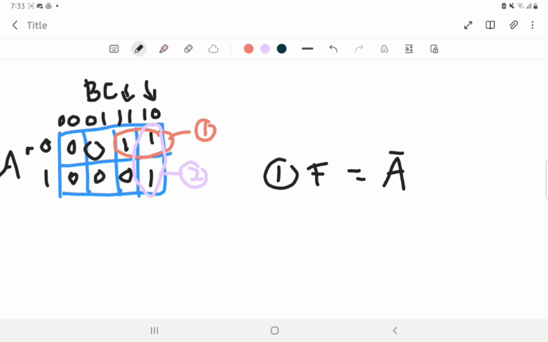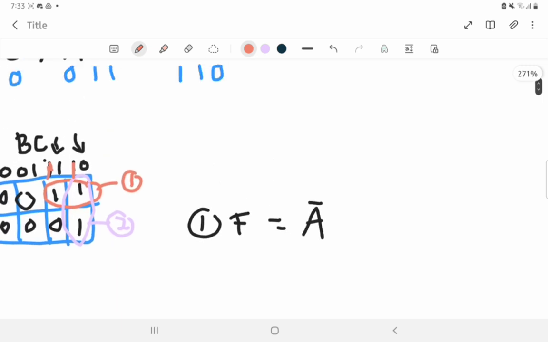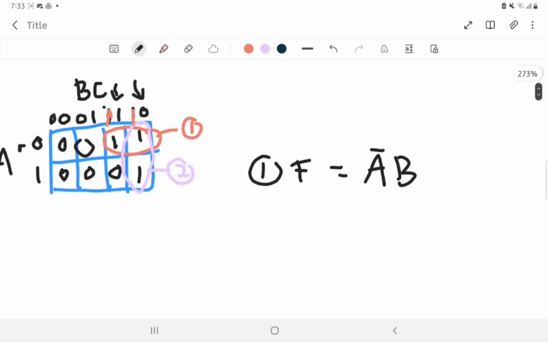Both values have the same B but different C. Their B is true, and their C, one is true, one is false. One is C, one is C not. We don't want the different one, we just want the similar one, which is their B. So B. That's all. We don't want the different one, remember. We just want the similar one.